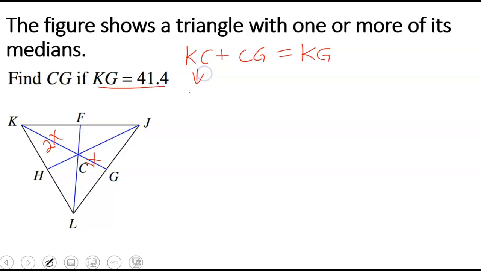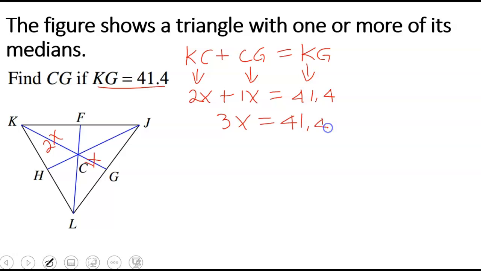So if KC is 2x and CG is 1x, and KG is 41.4, this is 3x equals 41.4. Divide both sides by 3, and we get 13.8 as our x. We are looking for CG, and CG is 1x, so that's going to be CG.